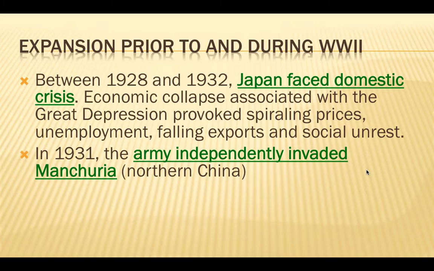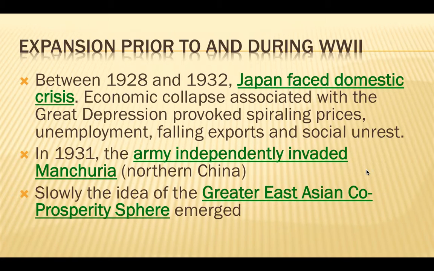And then in 1931, they move into Manchuria, which is in northern China, and they're not nice when they move into Manchuria. They're very, very violent. We'll look at that in a second.